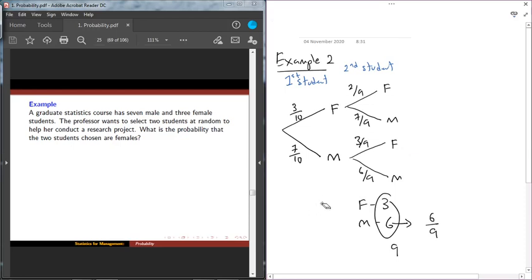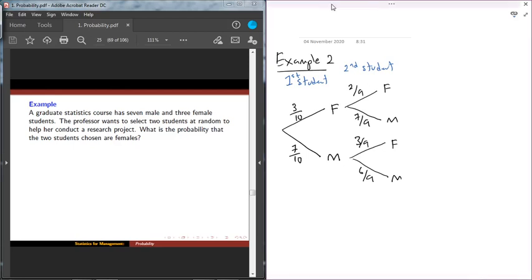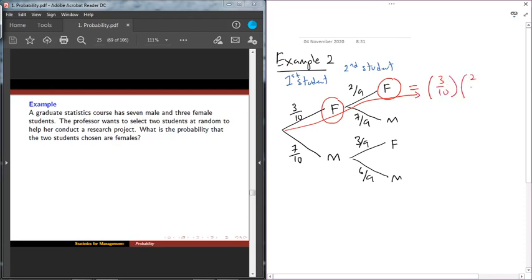Now once you complete the tree diagram, let us see what they want. What is the probability that the two students chosen are female? Two must be female. Where are the two female? First student female, second student also female. What is this probability? That would be 3 over 10 multiply 2 over 9.